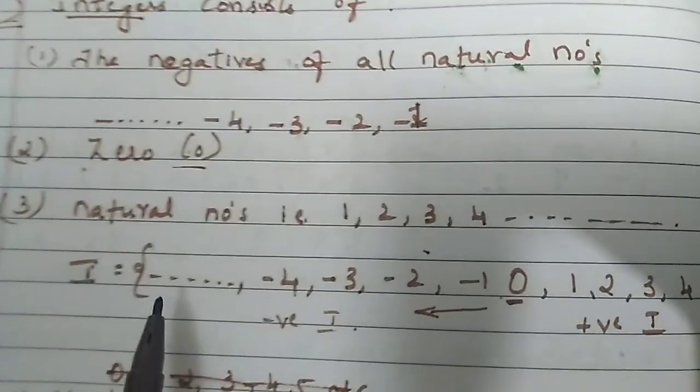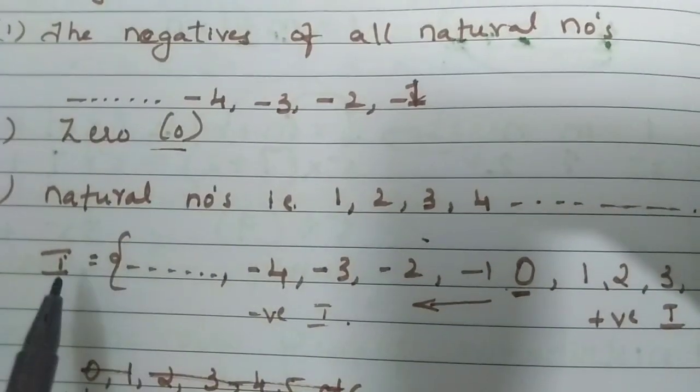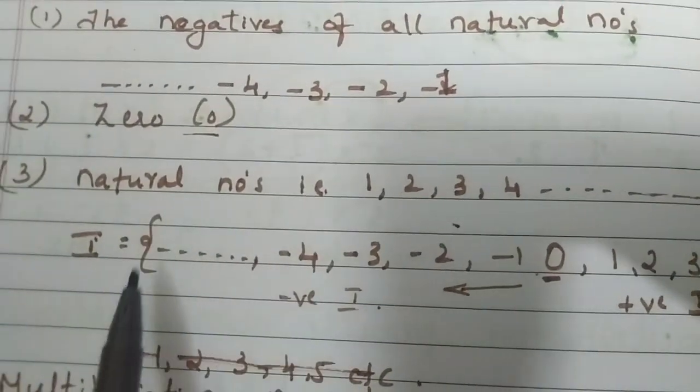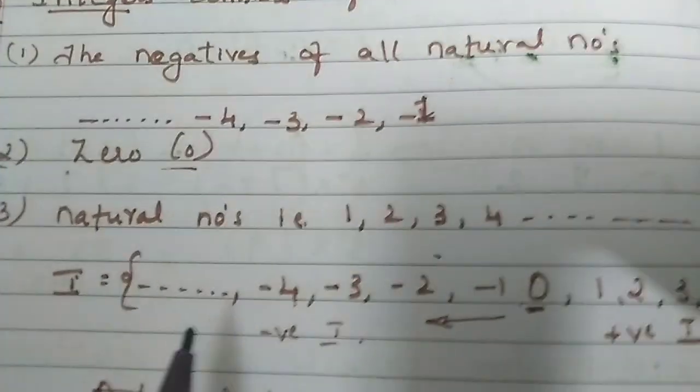So in a nutshell, we show it as integers is represented with the term I, capital I. So if we have to represent the integers, we show it like this.